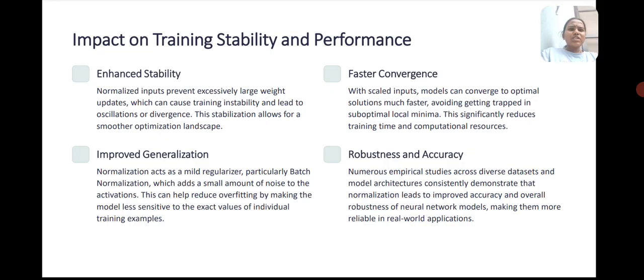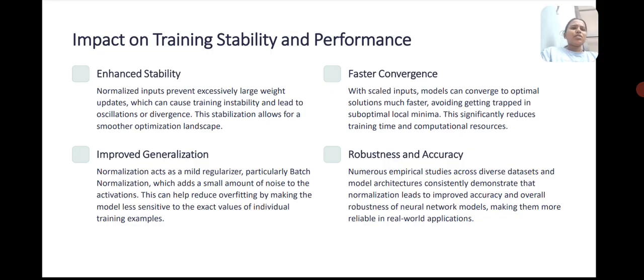Next, improved generalization. Normalization acts as a mild regularizer, particularly batch normalization, which adds a small amount of noise to the activations. This can help reduce overfitting by making the model less sensitive to the exact values of individual training examples.